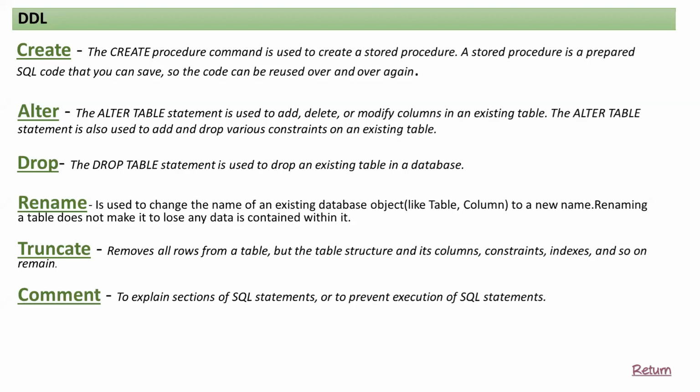Rename is where we want to give a new name to an existing database object like a table or column, and you can use this functionality to give a new name. Truncate removes all rows from a table, but the table structure, columns, constraints, indexes, and so on remain as they are. It means you are removing the lines, but your structure remains as it is. It will remain the same format, but you cannot see the lines.